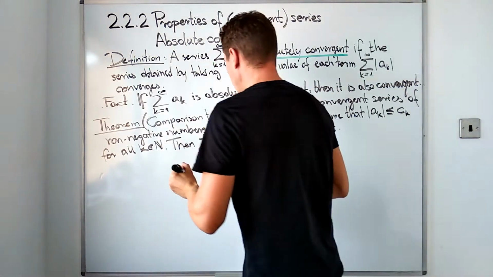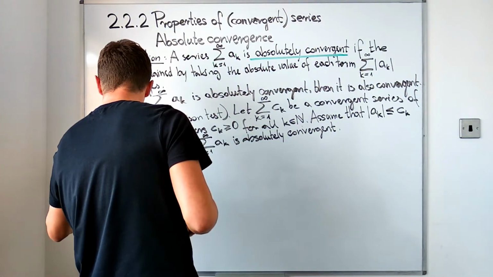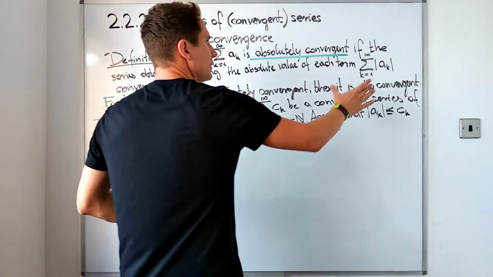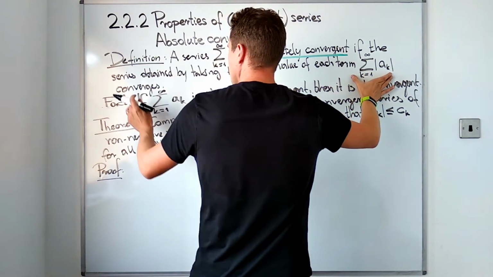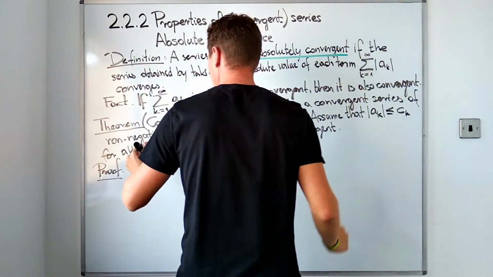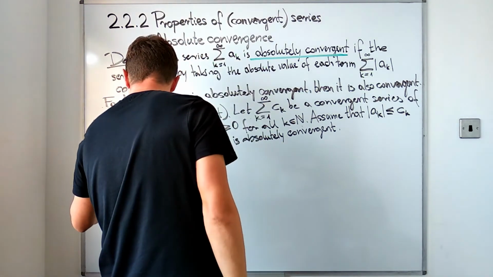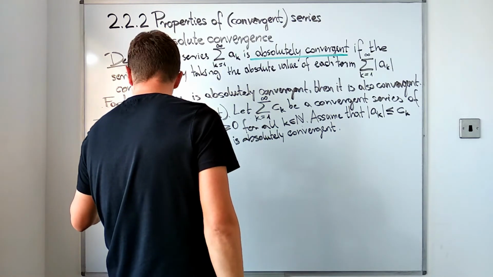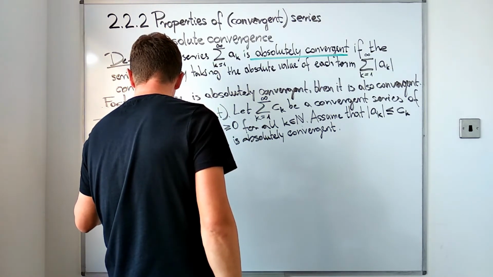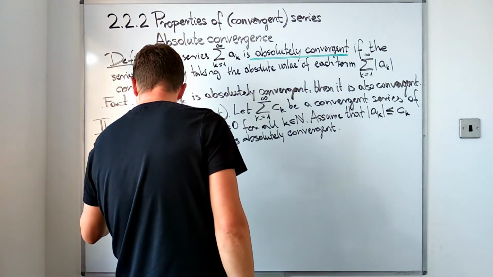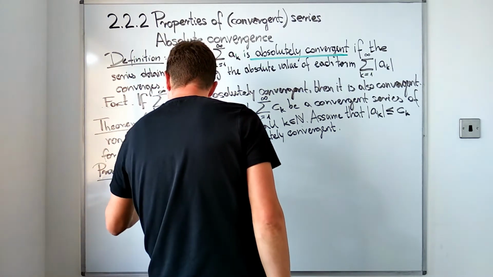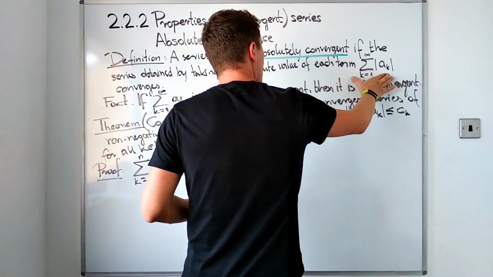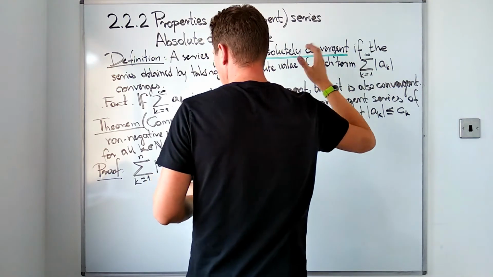So let's prove this. What we'll need for absolute convergence, by definition, is to prove that this series converges. That is our aim. So by definition, we have to look at the nth partial sum of this series and see that it converges to some number.